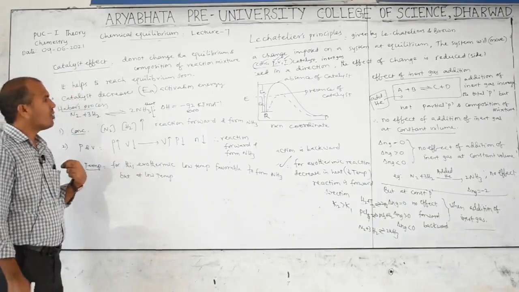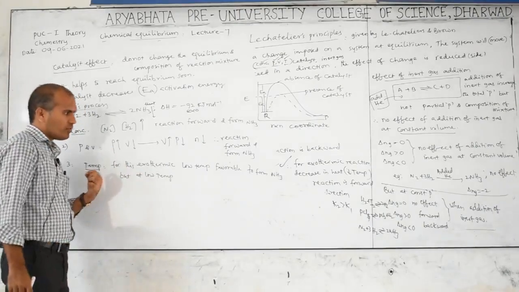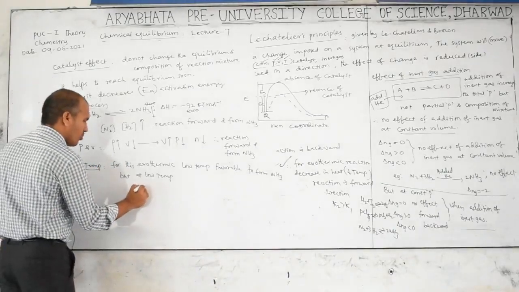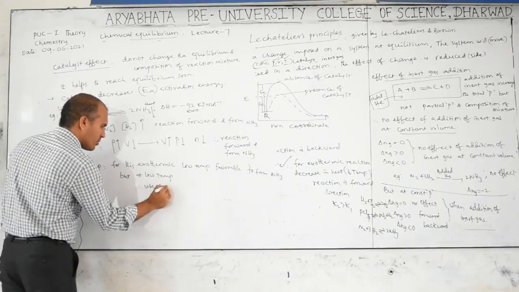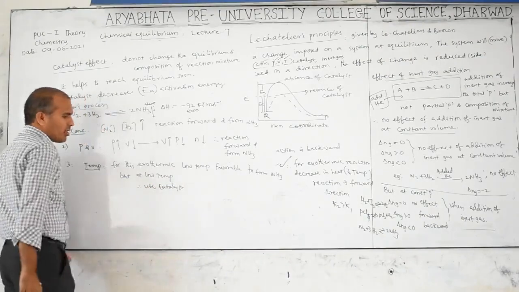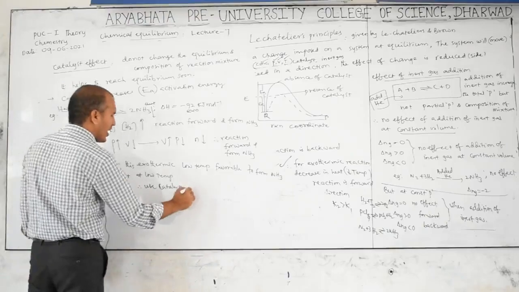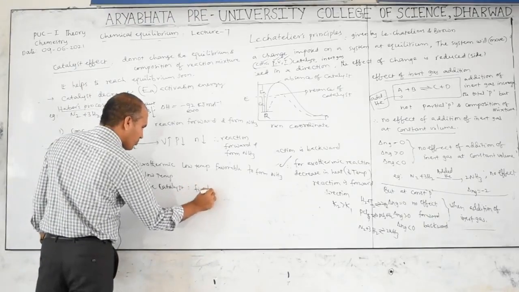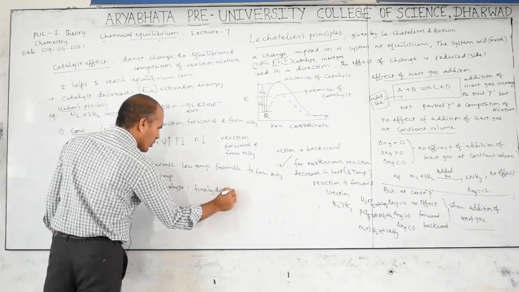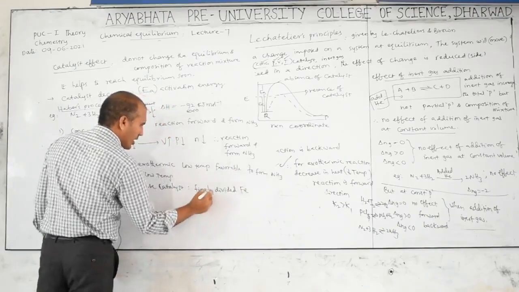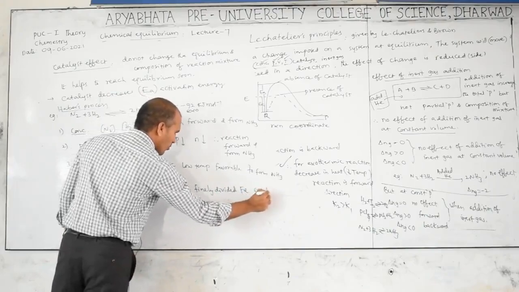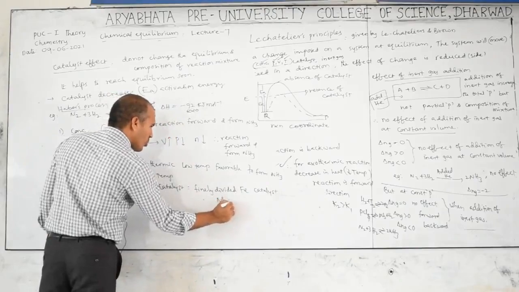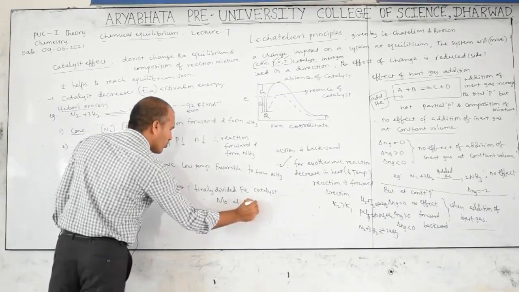Therefore, to get the product in less time, we have to use a catalyst. To get the fast product, we have to use a catalyst. That catalyst is finely divided iron. Iron is a catalyst, and molybdenum, Mo, as promoter.